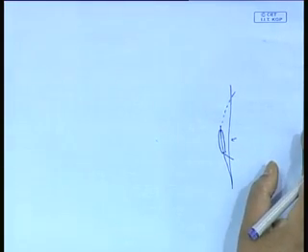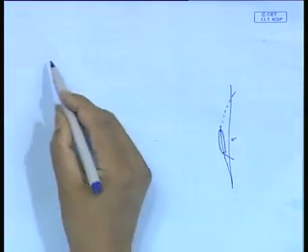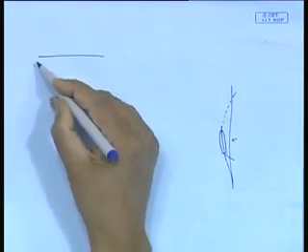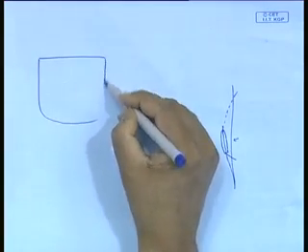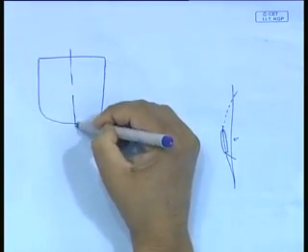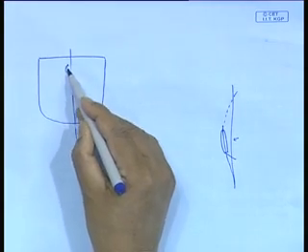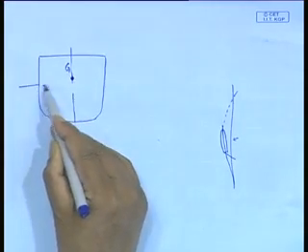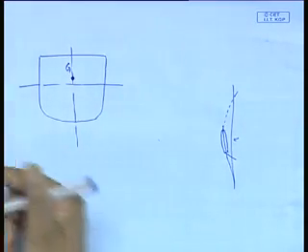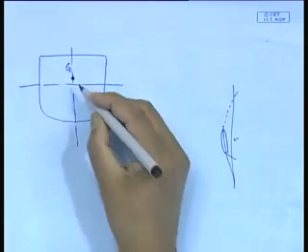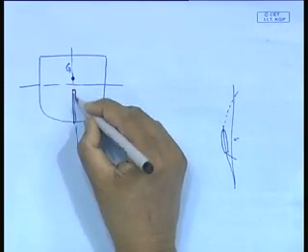Why? Let us look at these pictures of the hull. This is the center of gravity, this is the bottom line. Let us say the rudder will be somewhere here. Typically rudders are here, no?